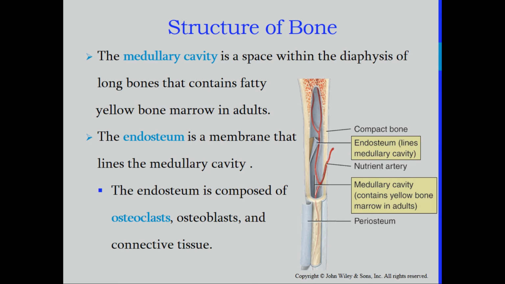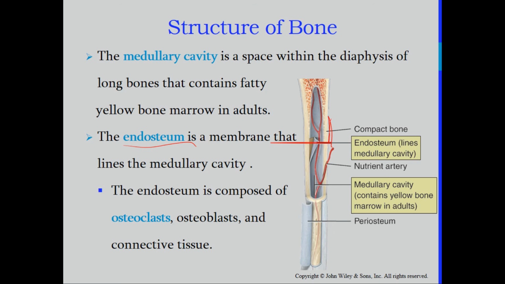The medullary cavity is the hollowed out portion in the middle, the space within the diaphysis or middle section of the long bone that contains fatty yellow bone marrow in adults. The endosteum is a membrane that lines the inside of that open area, that medullary cavity. So periosteum is going to be covering the outside of the bone.